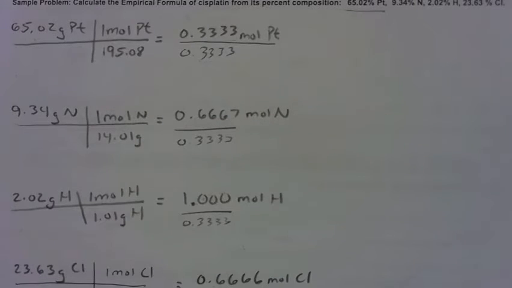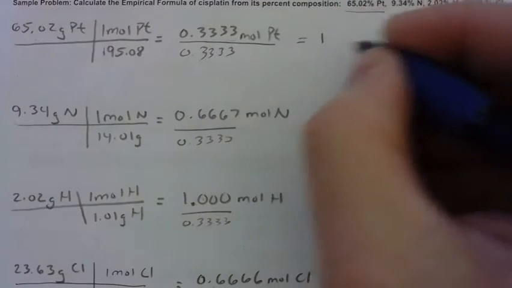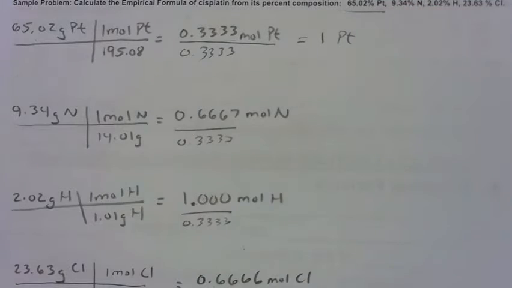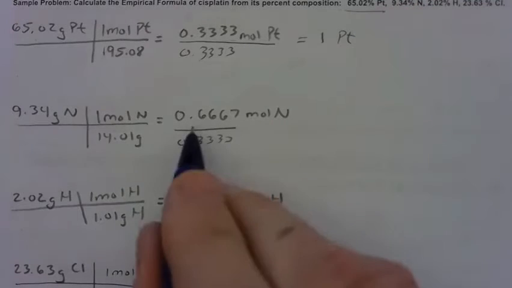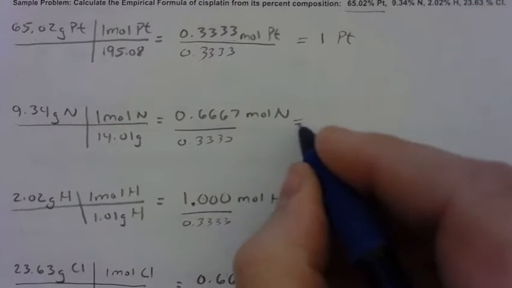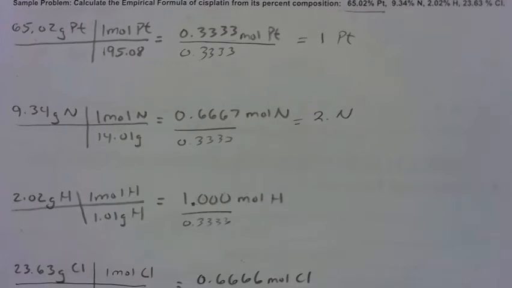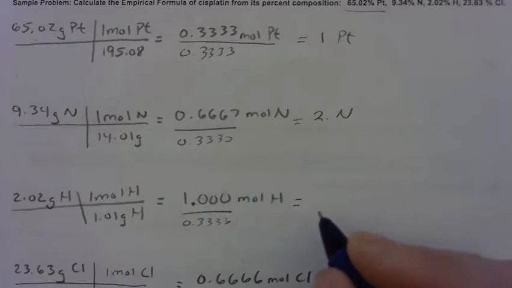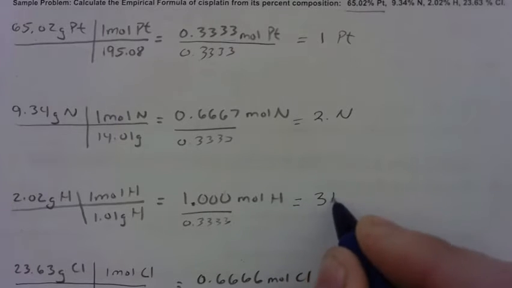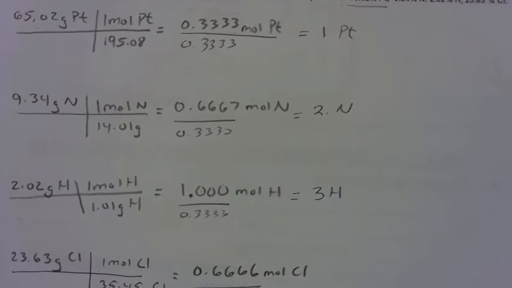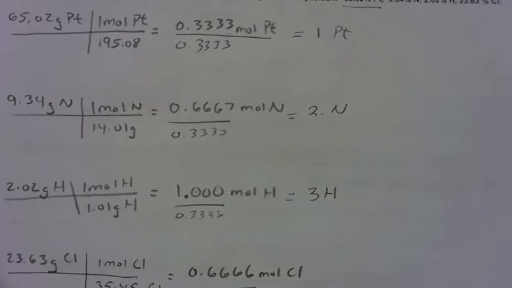So I divide by the same number, I'm going to get 1 platinum. Here, 0.6 divided by 0.3, rounded off, I'm going to get 2, and that's going to be nitrogens. Here, 1 divided by 0.3, that comes out to be 3 hydrogens. And then 0.666 divided by 0.3333 equals 2 chlorines.